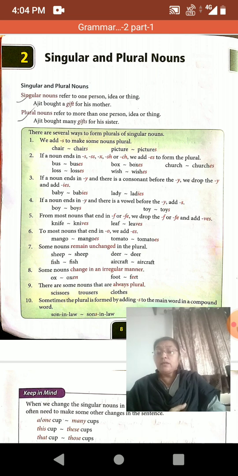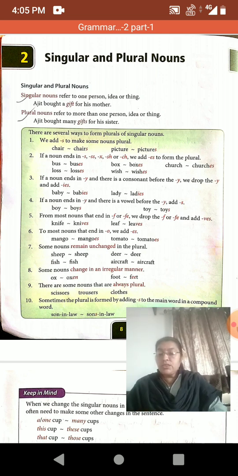Next, most nouns ending with o simply add es. Mango, mangoes. Tomato, tomatoes. Some nouns remain unchanged in the plural: sheep, sheep, deer, deer, fish, fish, aircraft, aircraft.